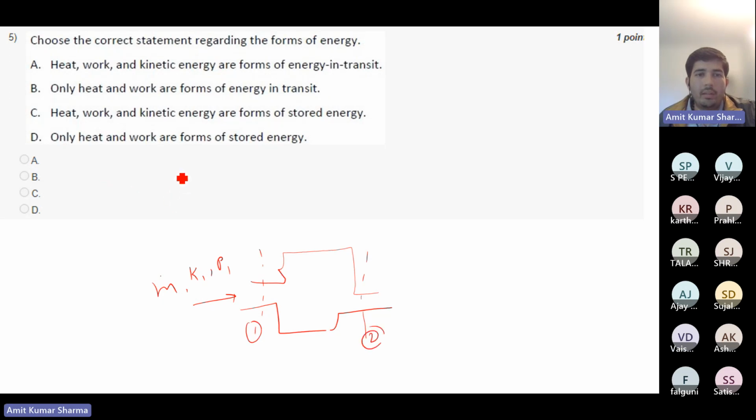At point 2, again the same mass flow rate, K2, P2. Maybe this opening is slightly narrow as compared to this. So do you think that the kinetic energy will be the same on both ends, 1 and 2?